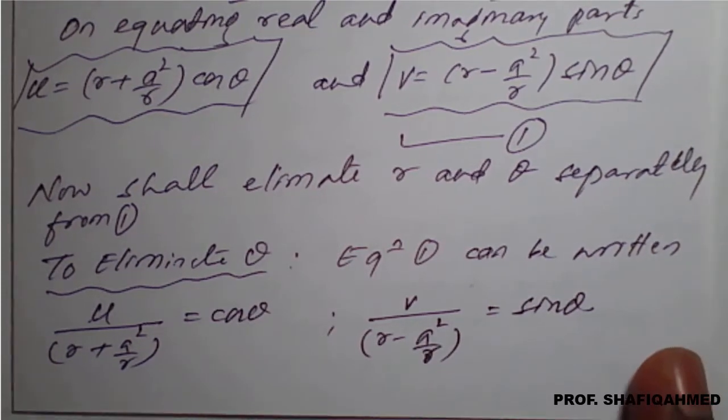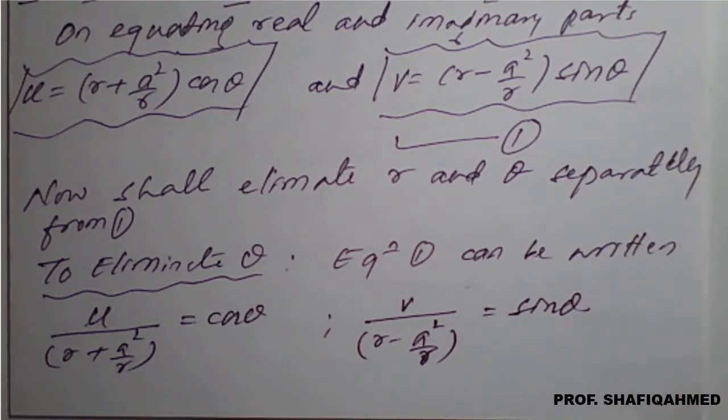From this we can easily eliminate θ. To do so, we square first, then add. After squaring, we get u² divided by the bracket squared = cos² θ, and v² divided by the bracket squared = sin² θ. We square, then add.